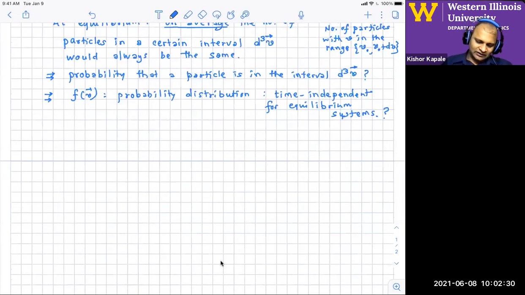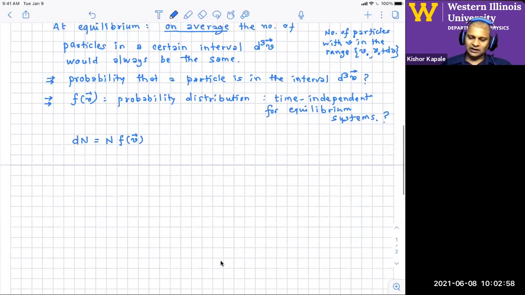So let's first start with writing the number of particles dn, and I'm writing dn because it's not the total number of particles; it's the number of particles in that small distribution. How do you get that? It's going to be proportional to n, because the larger the n, larger would be dn, right? So that's kind of obvious. It will also depend on the probability distribution at that speed v, f of v, whatever is the value of f of v.